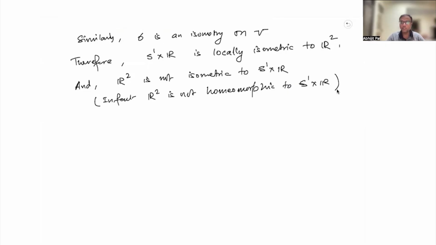This fact comes from algebraic topology. R2 is simply connected, whereas the cylinder is not simply connected. The fundamental group of R2 is trivial and the fundamental group of S1 cross R is Z. If two topological spaces are homeomorphic to each other, then their fundamental groups are isomorphic. But it is not so here. Therefore R2 is not homeomorphic to S1 cross R. Okay. Now next, let me define conformal maps.